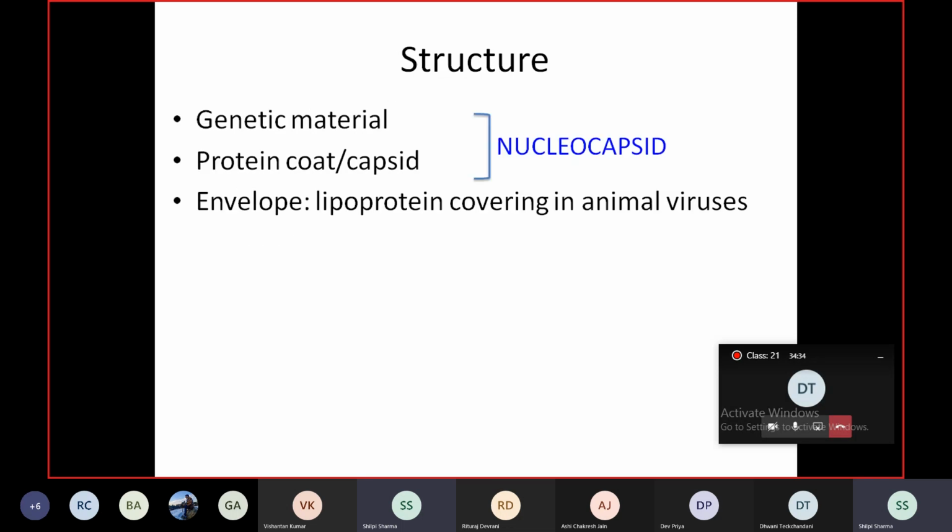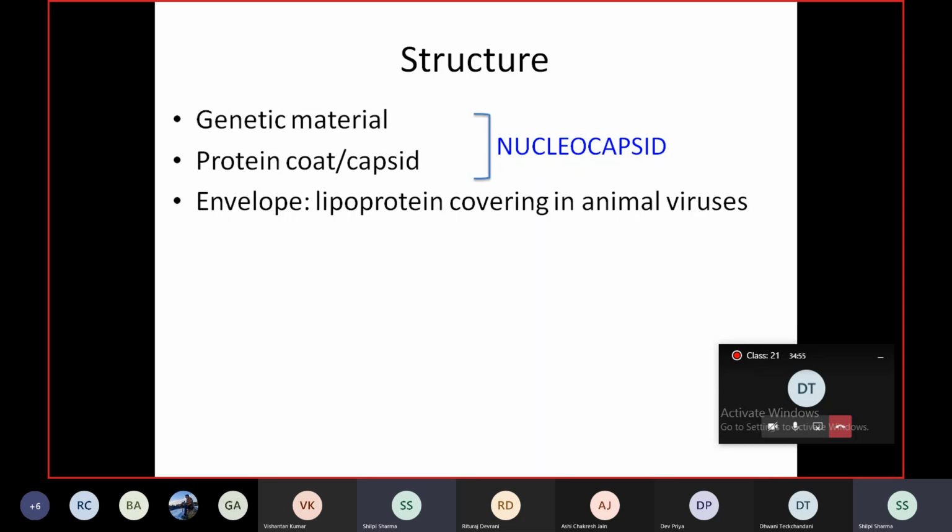Now, structurally, as I said, they're very simple. Besides the genetic material, they have a proteinaceous covering called a capsid. The role of a capsid, of course, is protection of the viral nucleic acid from host cell enzymes like nucleases and other factors.